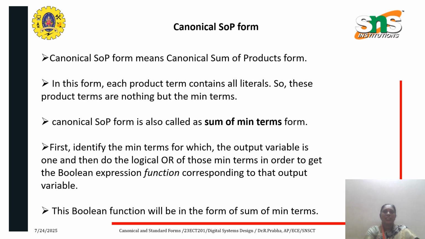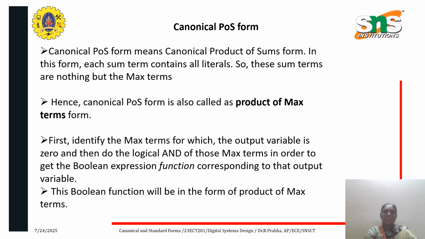The canonical SOP form is also called the sum of minterms form. Here the minterm is the product term, and these are combined by the logical OR function, giving the Boolean expression corresponding to that output variable. And next is canonical POS form.